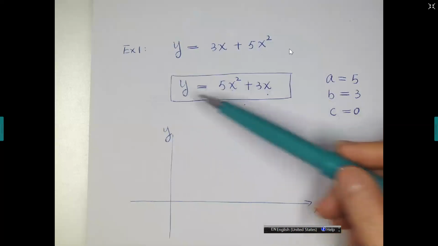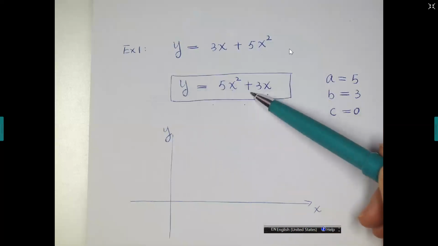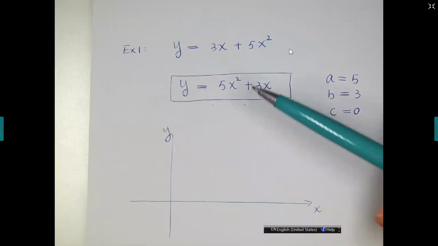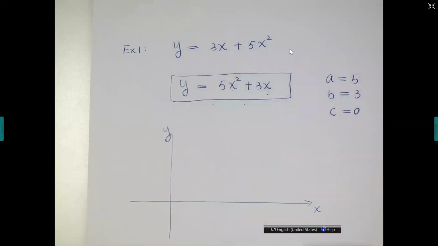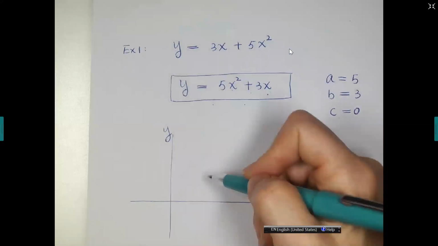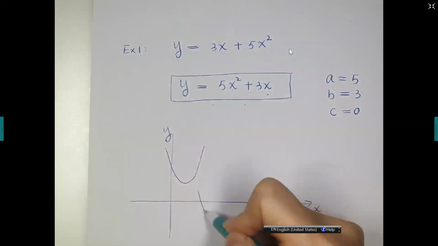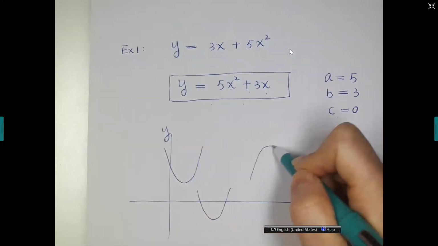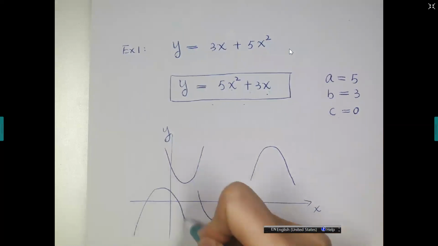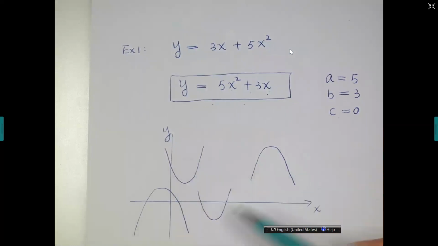So this equation has numerous solutions. When we get all those solutions, we'll get numerous points. And when we connect all those points, they will have a shape like this. So every single curve right here has one corresponding quadratic equation.